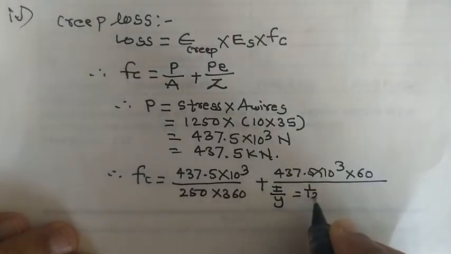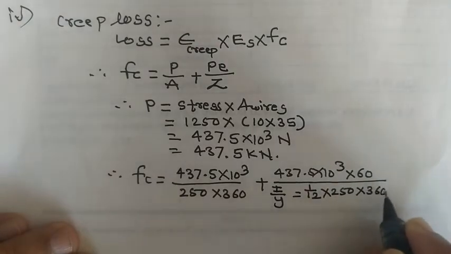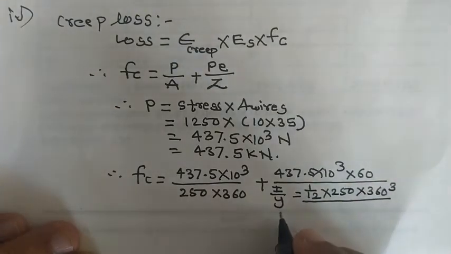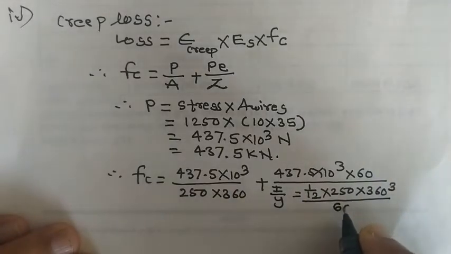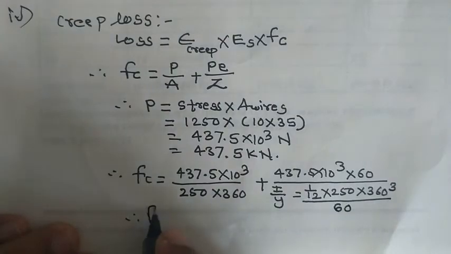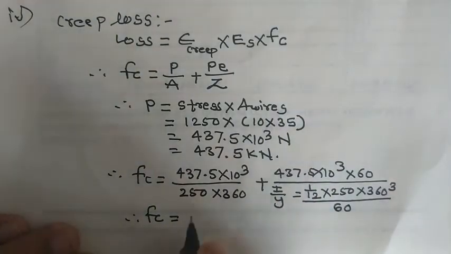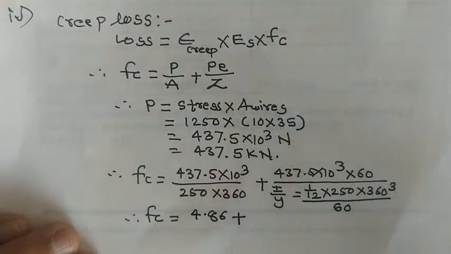So it is 1/12 bd cube, 250 into 360 cubed. This is the moment of inertia with respect to the x-axis, and y is the distance of the wire from the soffit of concrete. It is 60 because you are calculating fc at the level of the tendon. The first value is 437.5 into 10 raised to 3 divided by 250 into 360, so this value is 4.86.